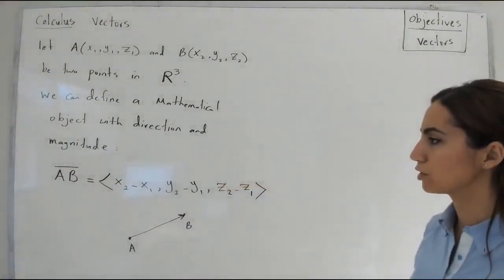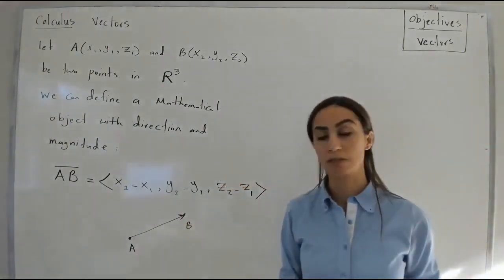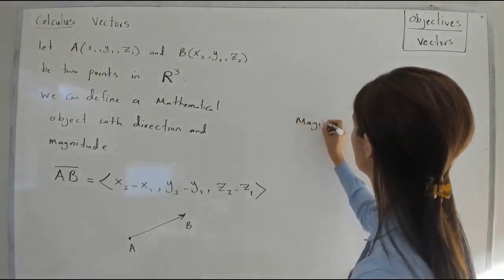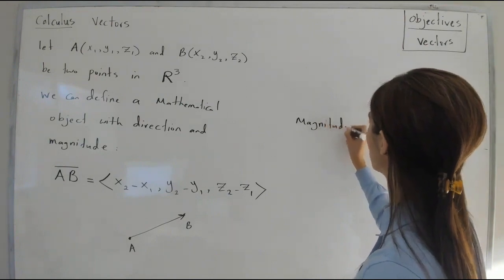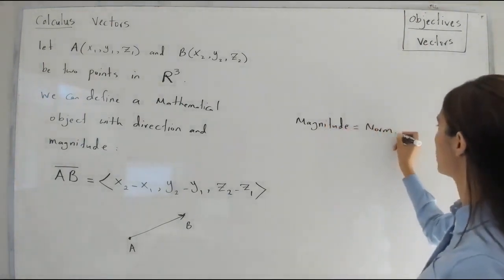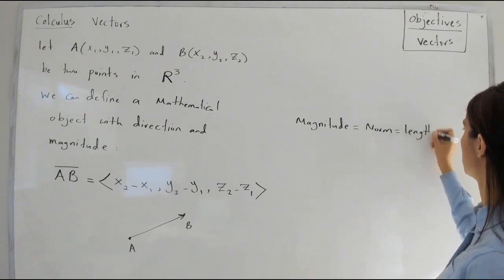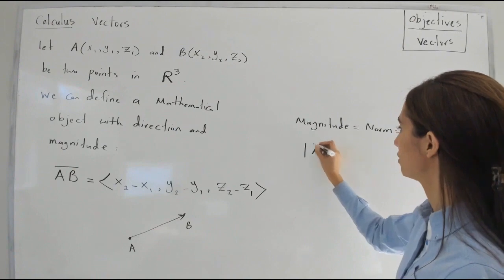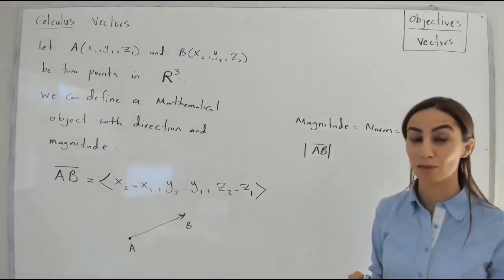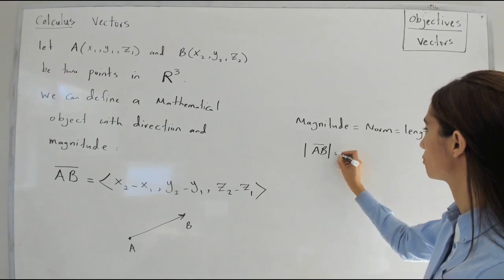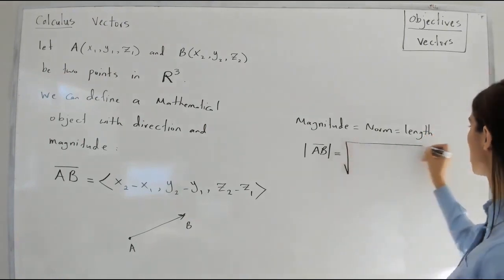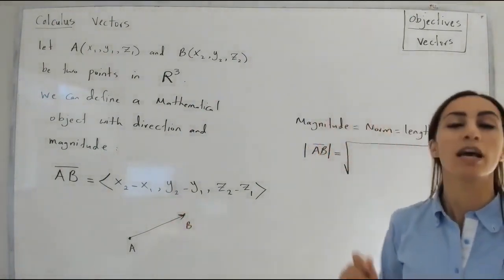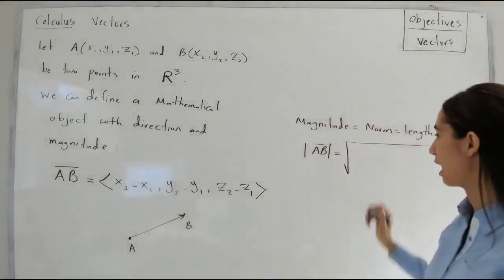Very well. So as you saw, the magnitude or norm or length of this vector, using AB with a small bar on top of it representing the vector, is equal to the square root of, we take each component of the vector and raise them to the second power.